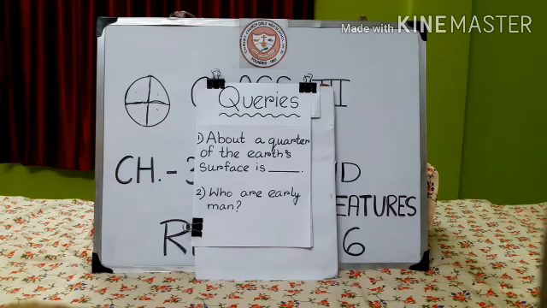Rest, if you had sent any queries, those queries have already been discussed in the revisions. You go through all the revisions, revision 1, 2, 3, 4, 5, and all your answers have been given. So now we will move on with the discussion of revision 6, the land features.